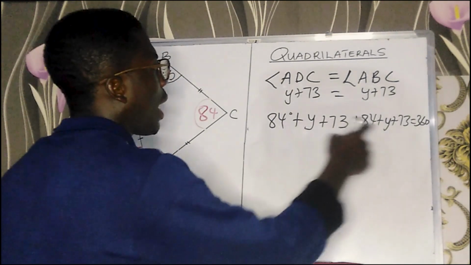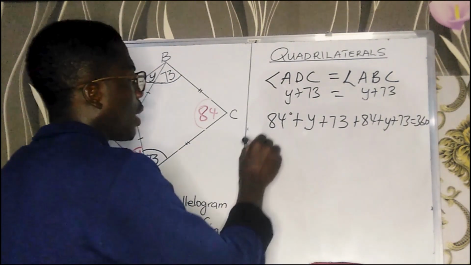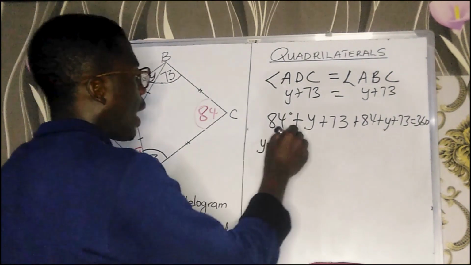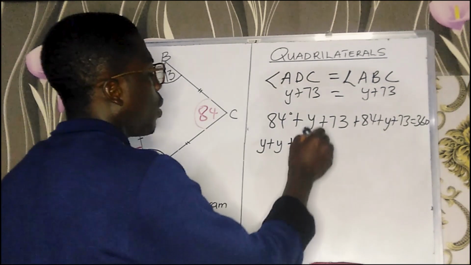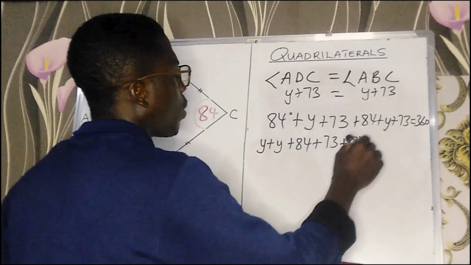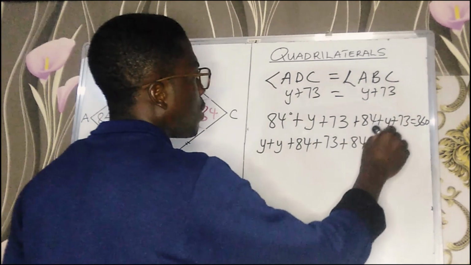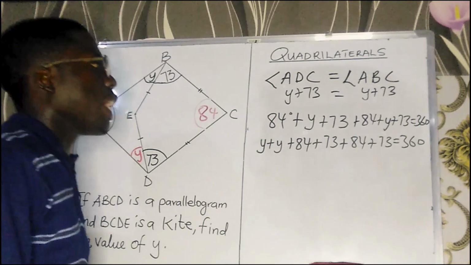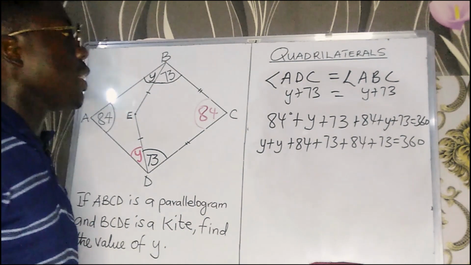So you can add like terms. Let's bring them together. y plus this y plus 84 plus 73 plus 84 plus this 73 should be equal to 360.